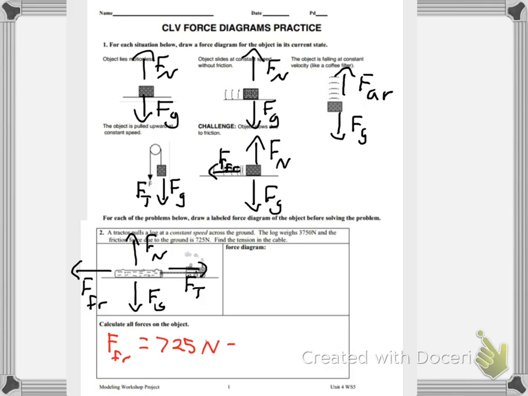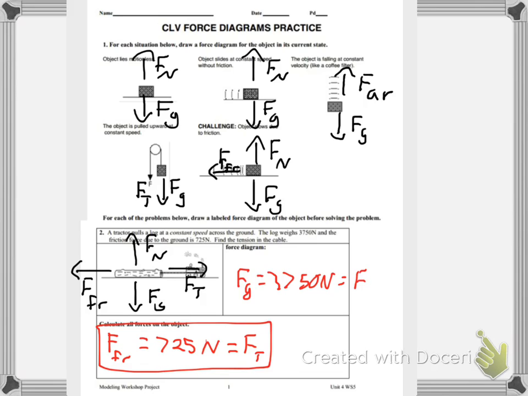It's 725 newtons. And just because it's good practice, the log weighs 3,750 newtons, so that would be that force due to gravity, and that also then equals the normal force.